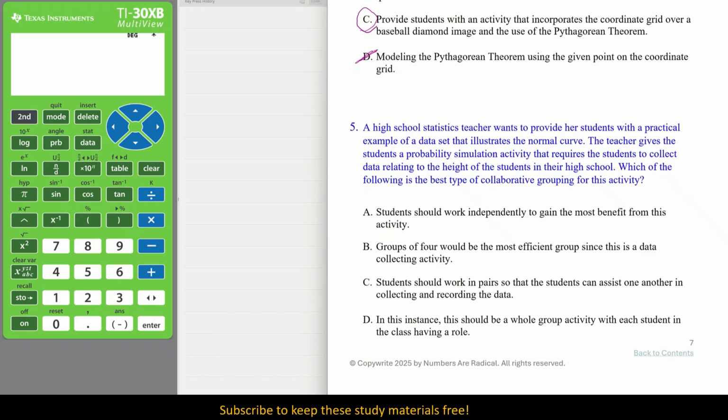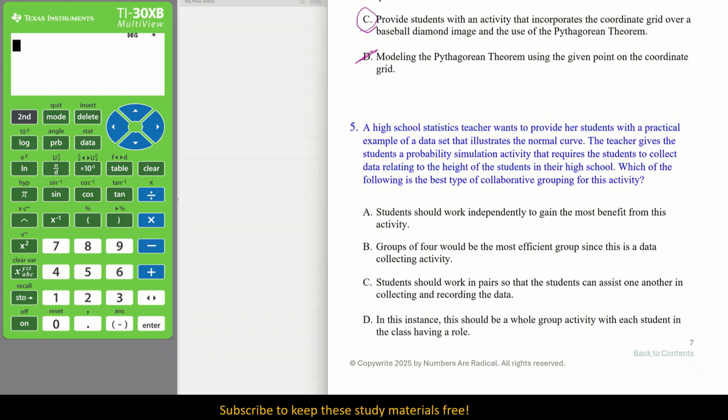A high school statistics teacher wants to provide students with a practical example of a data set that illustrates the normal curve. The teacher gives the students a probability simulation activity that requires the students to collect data relating to the height of the students in their high school.